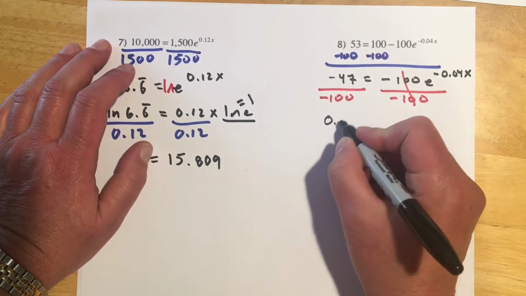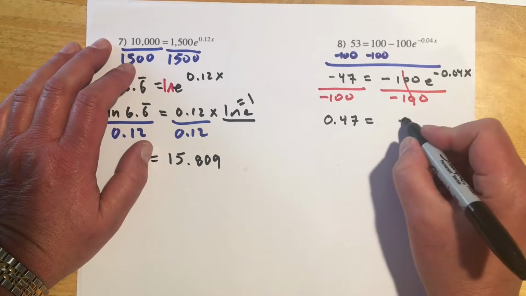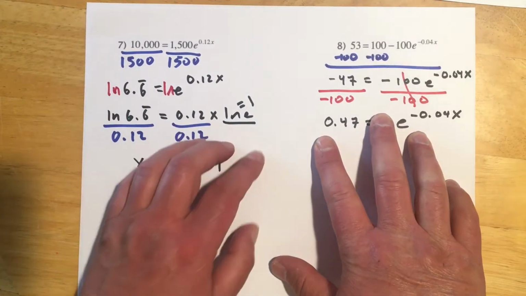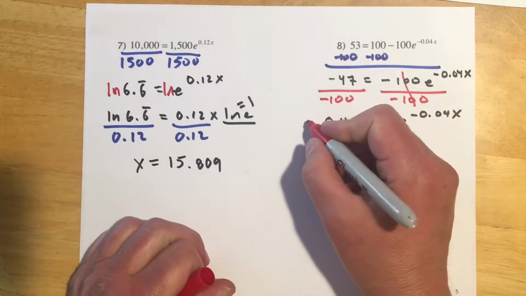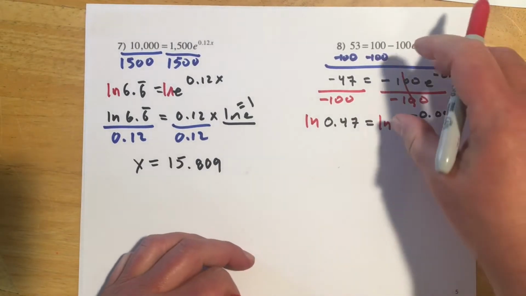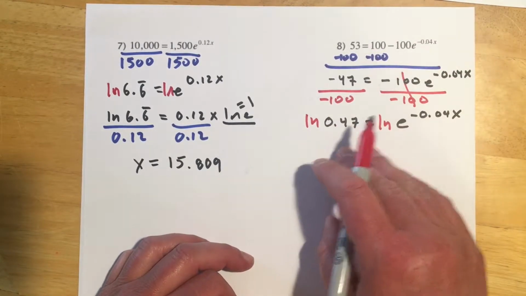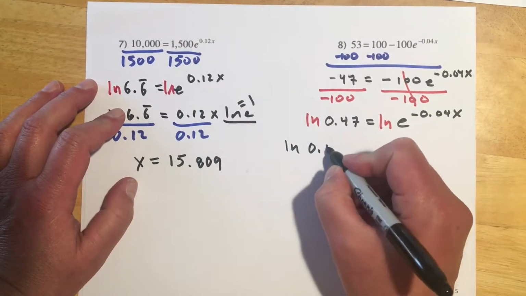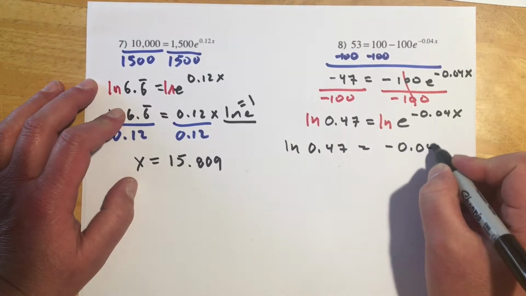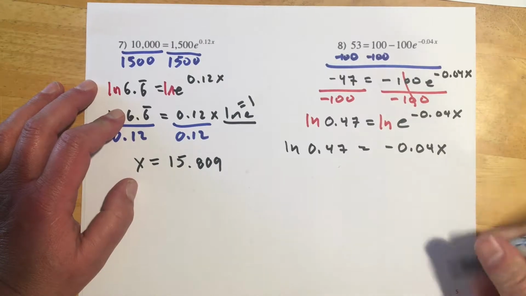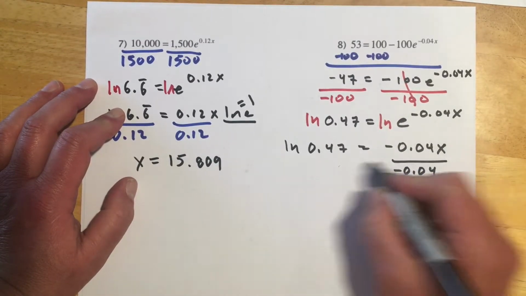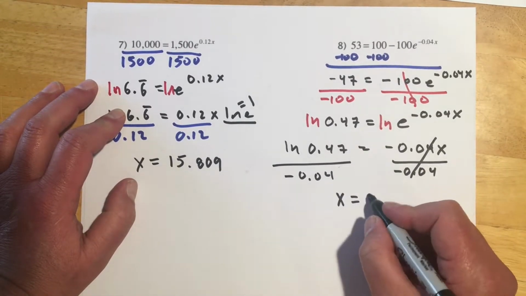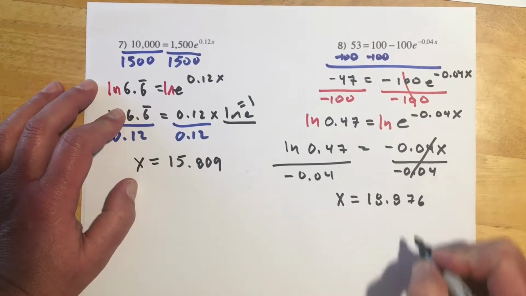So now this makes 0.47 equals e to the negative 0.04x. So we're back down to the exponential, so this is where we're going to log both sides again. So isolate the exponential, log both sides, bring the exponent down, and then solve. So here we have ln 0.47 equals negative 0.04x, and then again ln e was 1. So I'll divide this over, and then x equals, I think, 18.876.